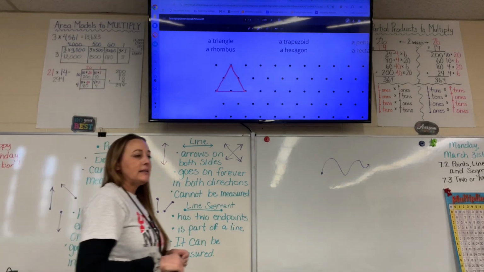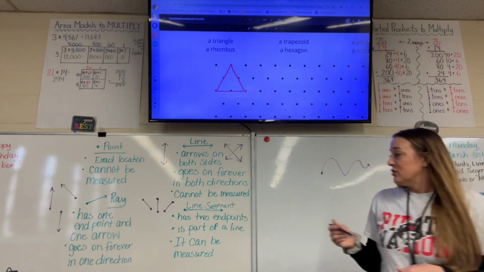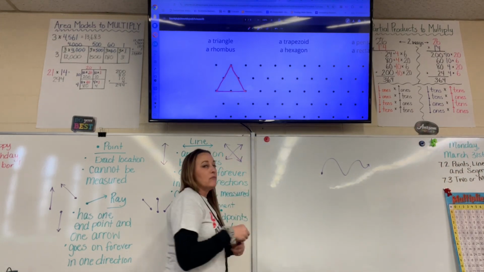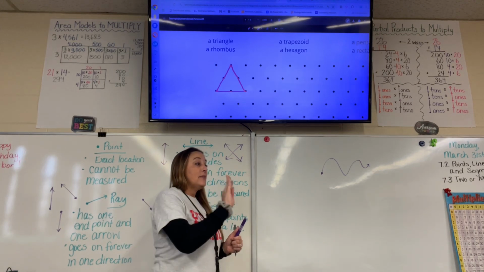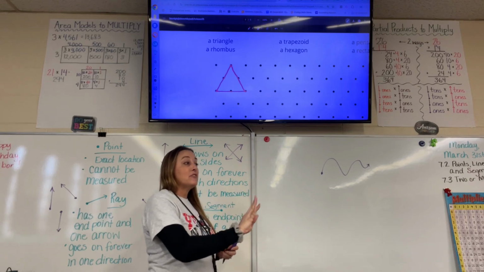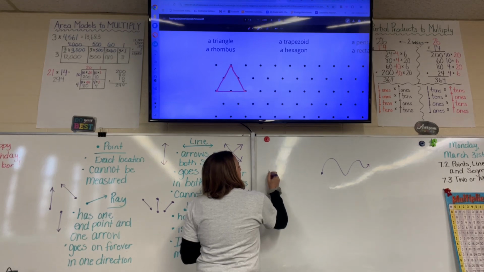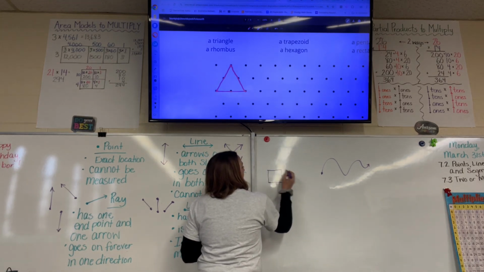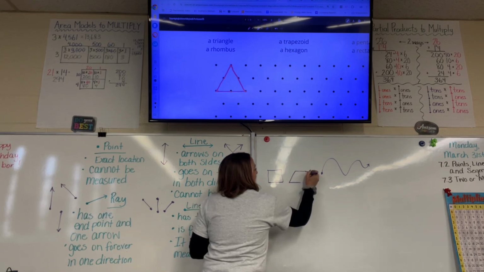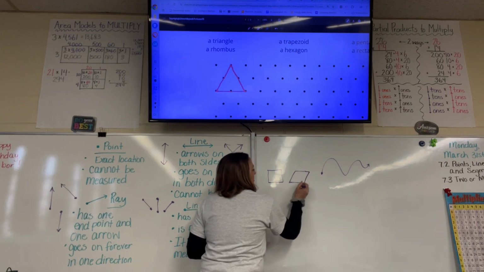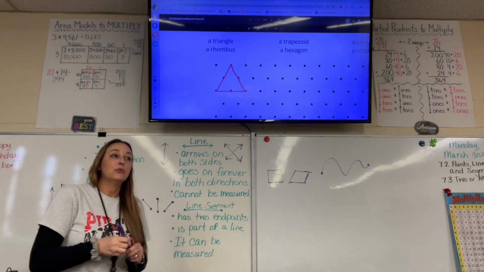Who can raise their hand and tell me what a rhombus is? Like a diamond shape? It is a diamond shape. What I always think of, the important thing about a rhombus is it's like a square in that all four sides have to be the same length. I think of it as like a square that somebody came along and pushed a little bit, so it's a square that's just kind of crooked, or a diamond.